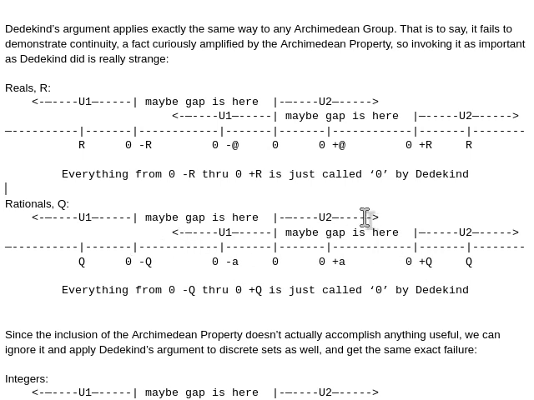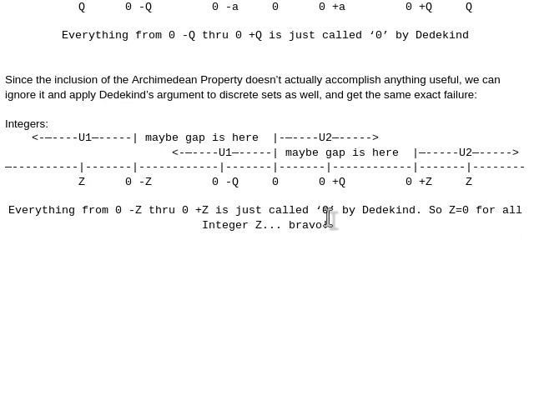Now, let's note that the inclusion of the Archimedean property doesn't actually accomplish anything for us. For some reason everybody seems to interpret it as the inclusion of the Archimedean property being what makes these things continuous. No, it isn't. It doesn't do that at all.